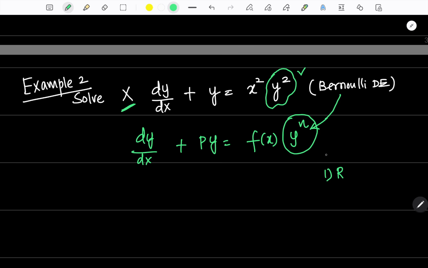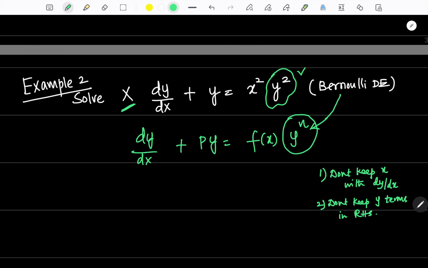First, don't keep x with dy by dx. This is the first step. Second step, don't keep y terms, here it's y square, in the right hand side of the equation.